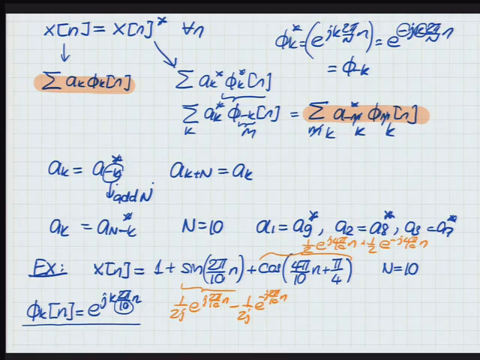Now, which phi is this guy? Which k? k is 1. So this is our phi 1. This is phi negative 1.